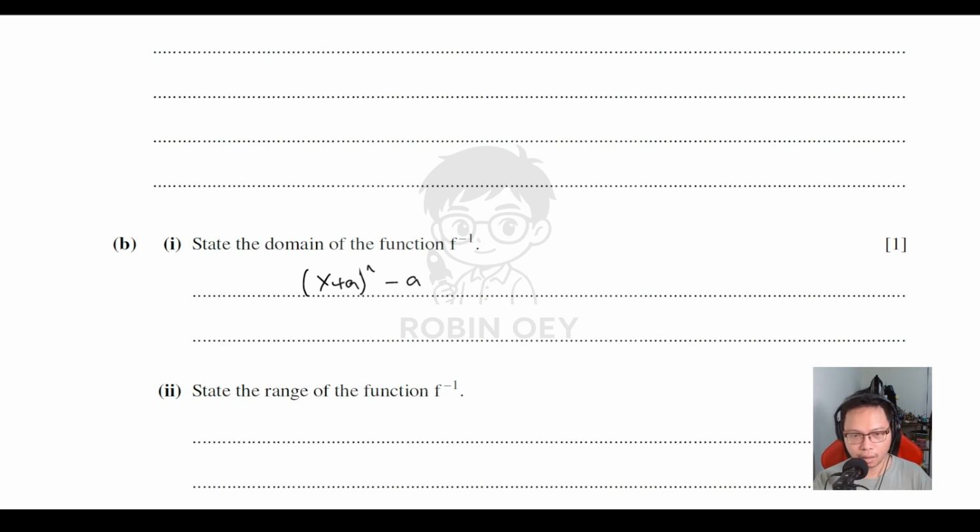Okay, if we open the bracket, this will become x squared plus 2ax plus a squared minus a. For this one, we find the turning point using negative b over 2a.